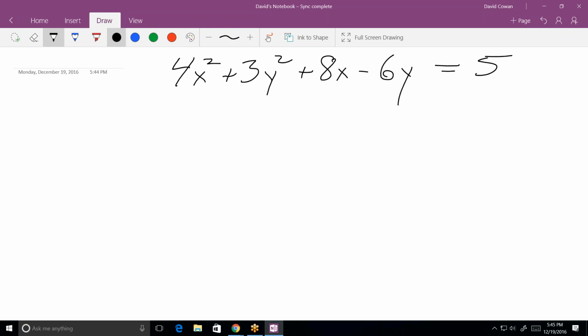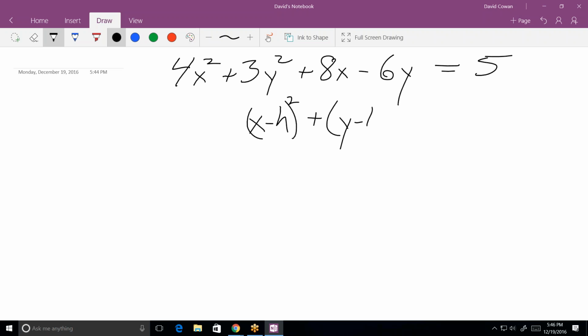Now, I can't really tell by looking at this whether it is a vertical or a horizontal ellipse. I won't know that until I get some additional information. In other words, if I can put it into ellipse general format, this is a little tough to explain.